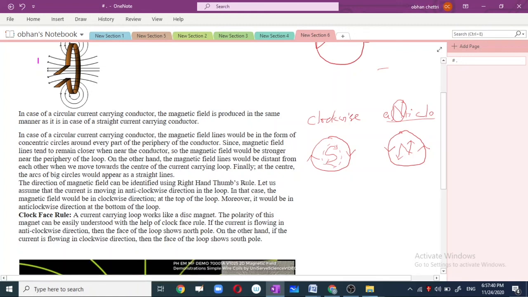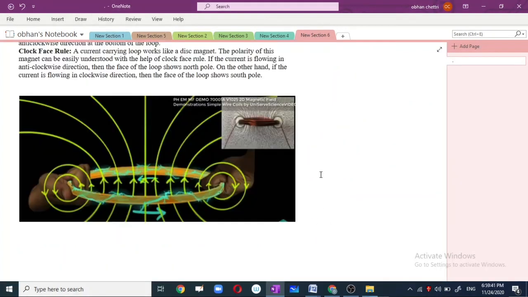So I'm completely at the end. At the center of the circular loop, you can see the magnetic field lines seem to be a straight line. After this, to find out the direction of the magnetic field, what you can see in the figure is that the right hand thumb rule has been applied.